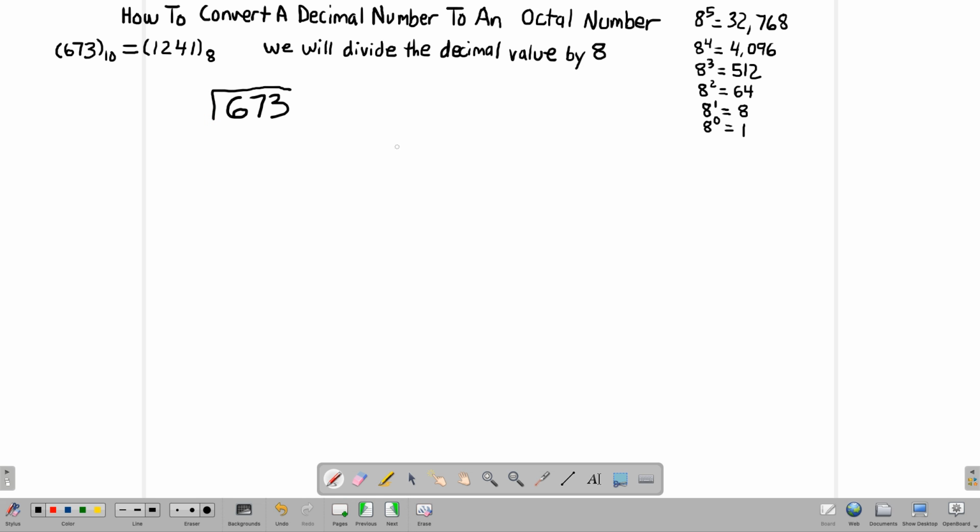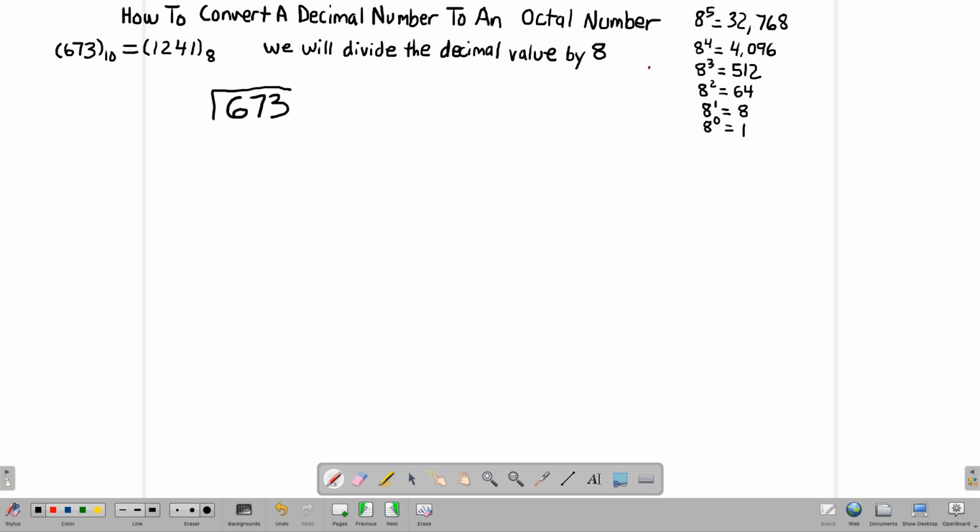Okay, so we look at the value 673, and we look towards the notes over here. We have 8 to the 4th power is 4,096, and that is greater than the value 673. So we want to find the highest value that's not greater than 673.